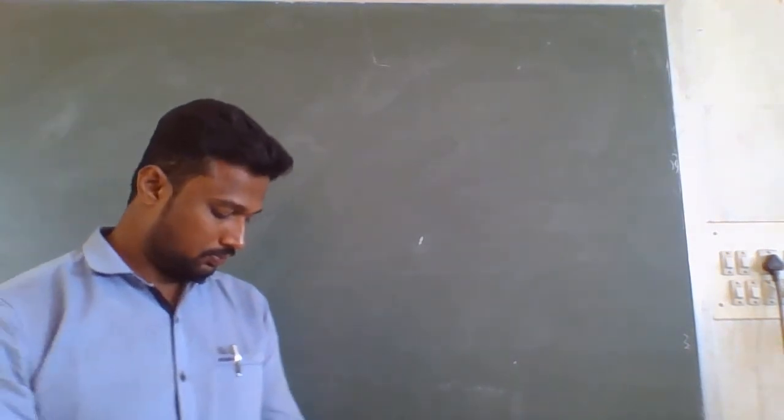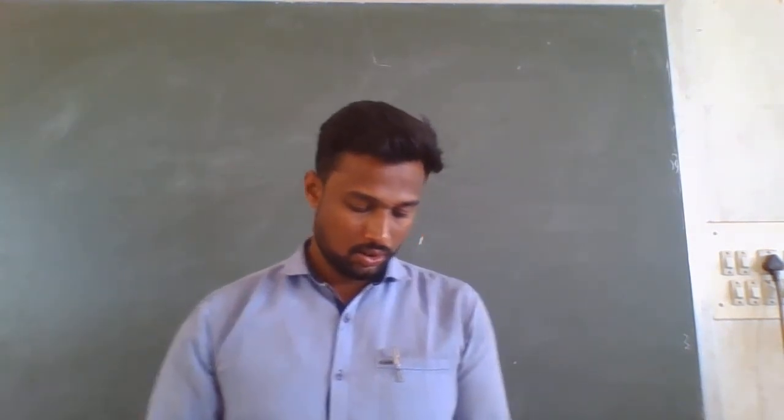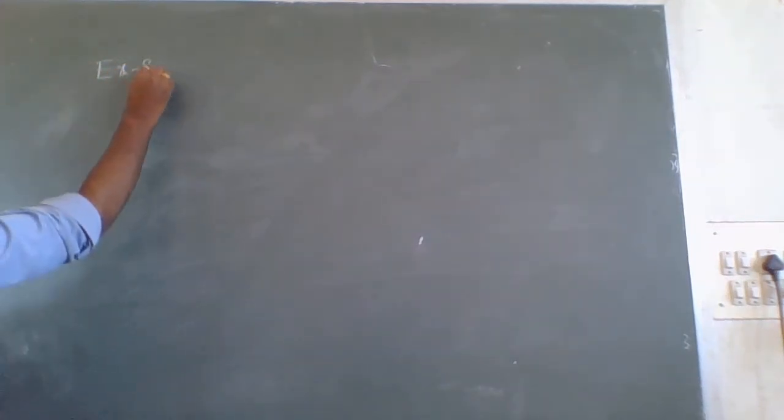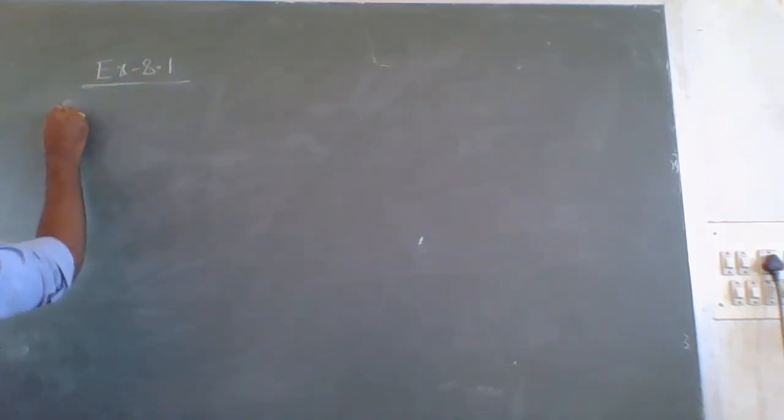So in the sixth problem, what they have given is a diagram of a quadrilateral. Exercise 8.1, sixth problem.